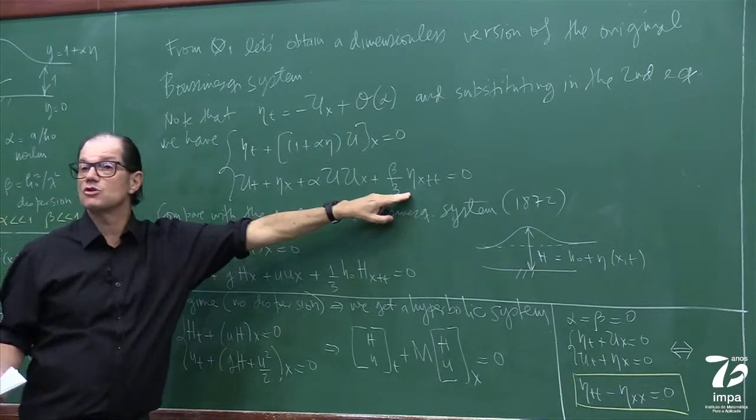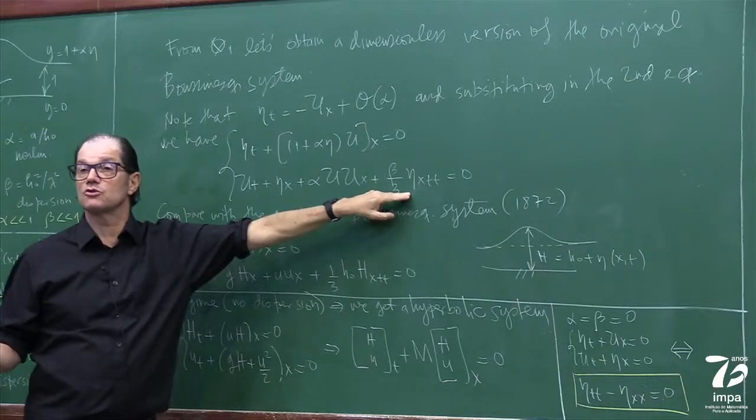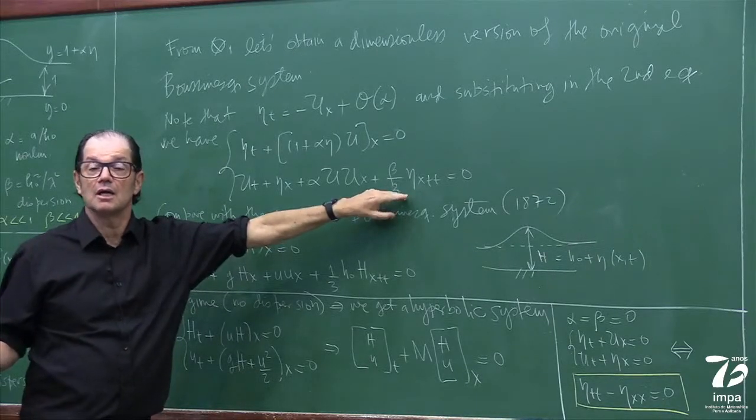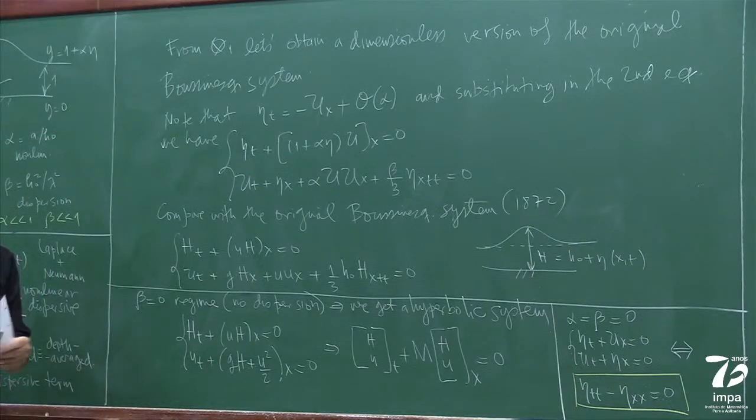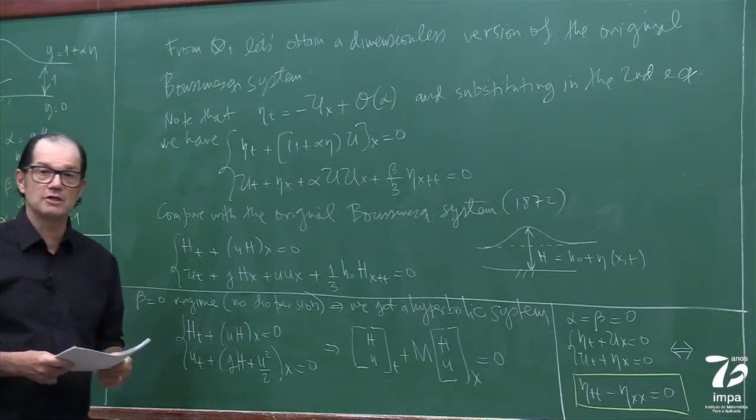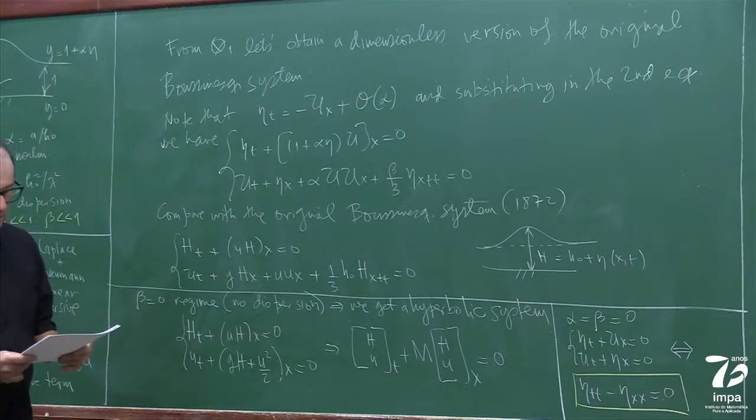Keep this guy, which you are not supposed to know yet, what a dispersive system is, and let's do a Fourier analysis of this system. That's basically our goal in just a few minutes. First, I want to mention a few things about this.